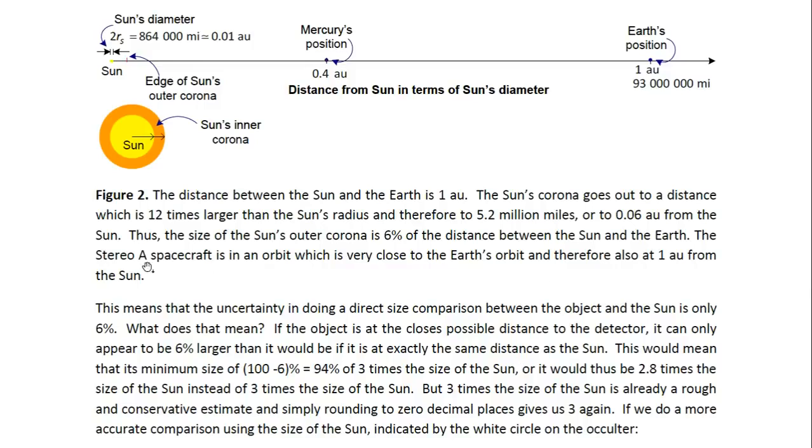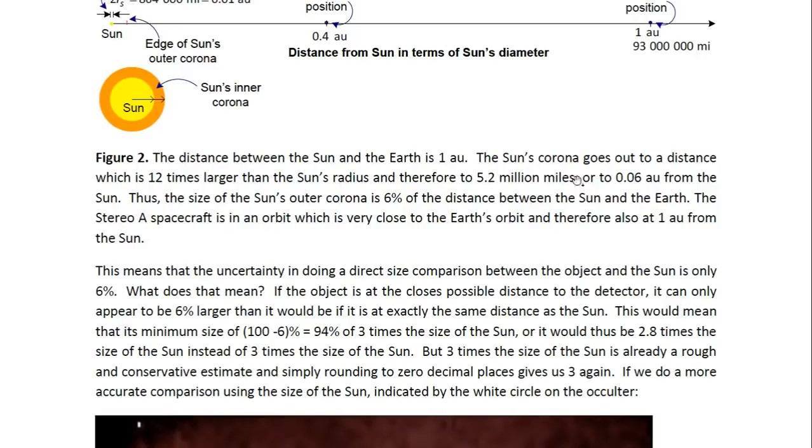And don't forget the spacecraft, the STEREO A spacecraft, is in an orbit which is very close to the Earth's orbit, so it's therefore 1 AU from the Sun as well. So the fact that it's 0.06 out of 1 means we have a 6% uncertainty in a direct size comparison between the object and the Sun.